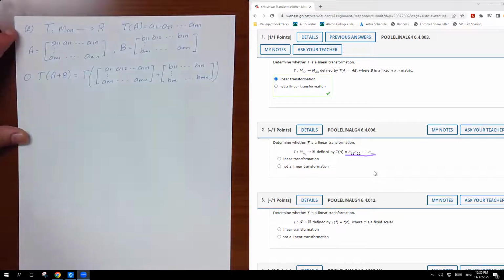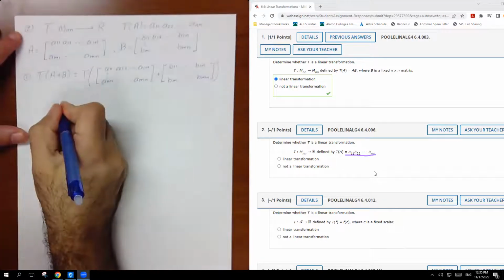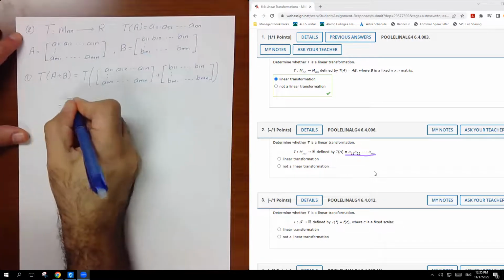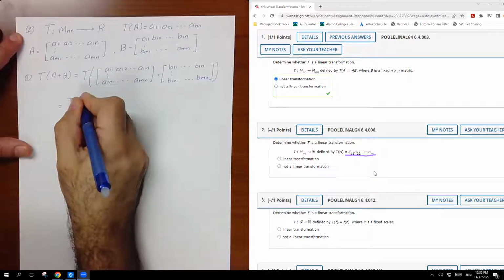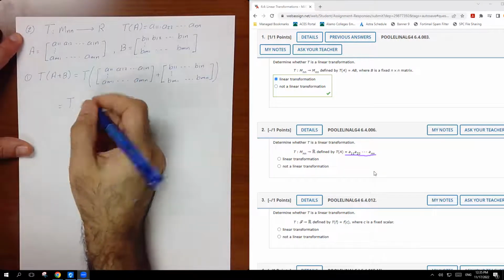That means we're going to add these two matrices. So this is equal to the transformation of the addition of these two matrices.